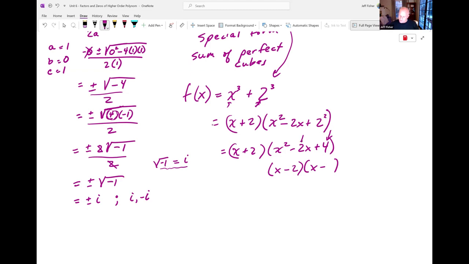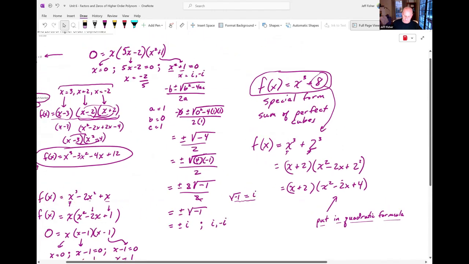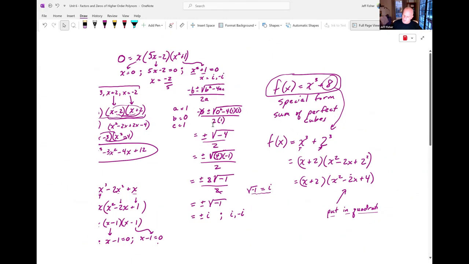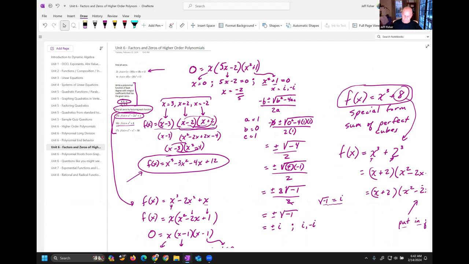So I think we have to take that to the quadratic formula. So what we would have to do to further factor this is put it in the quadratic formula. And I know you know how to do that because you did that in chapter 5. So I'll leave the rest of this as an exercise for you guys. Okay? Just because I want to move on because we have some other stuff we need to cover. So that's how to factor and find zeros.